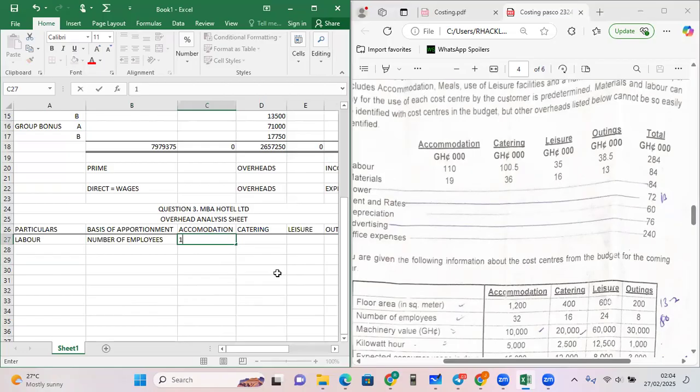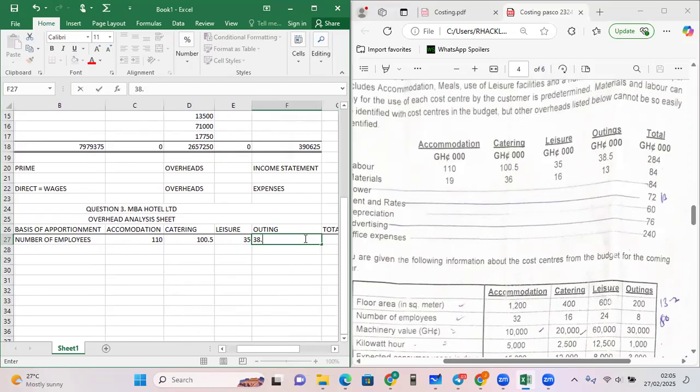This one was 100. There is 100.5. There is 35.